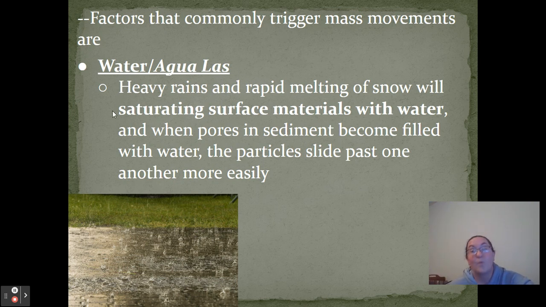Water. Water is your best friend, but it also has the most amount of forces that can change rocks, minerals, and land. It can change so much. Heavy rains and rapid snow melting can saturate into the soils much easier than others.